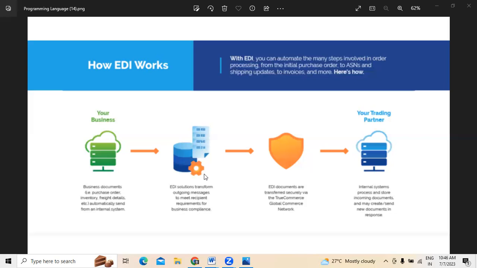If you can see here, this is how EDI generally works. The first thing is the business: the purchase order, the inventory, the systems we have, everything is there in the business, which could be a healthcare provider.